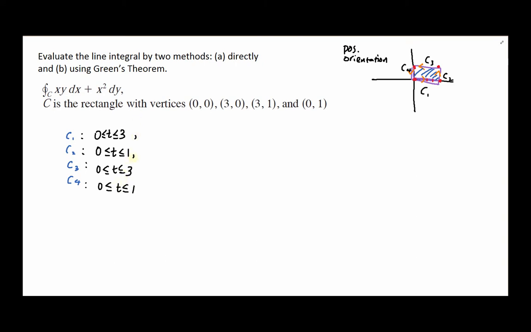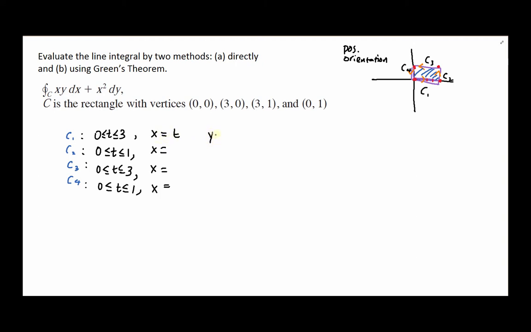Okay, now that we set up our t, we have to set up the parametric equation for both x and y. For x, for curve 1, I'm going to have t because I have t between 0 and 3. As you see up here, when t equals 3, x has to be 3, right? So when t equals 2, x has to be 2. So we have this nice relationship.